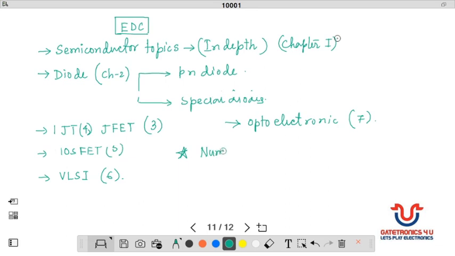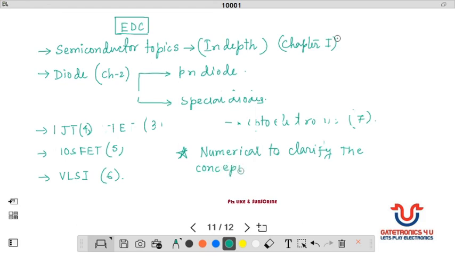And along with that, we will do numericals to clarify the concepts, because without numericals we cannot perform well in the GATE or ESE examination.